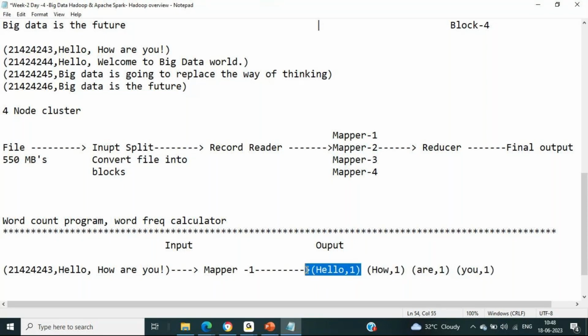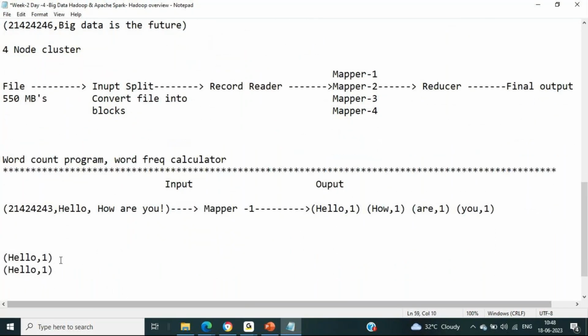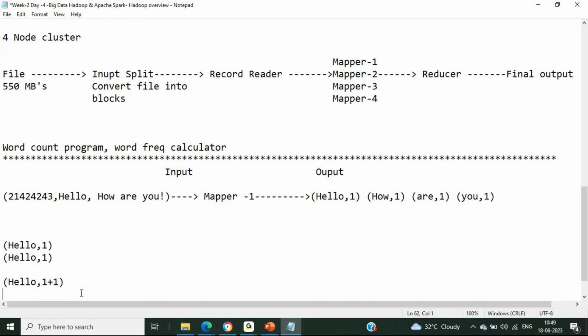Say hello is there in block 1 and block 2, so hello 1 from block 1 and hello 1 from block 2. So what I will do, at the reducer side I will keep the key and do the sum onto the values, 1 plus 1, and I will be able to get the output, say hello 2.